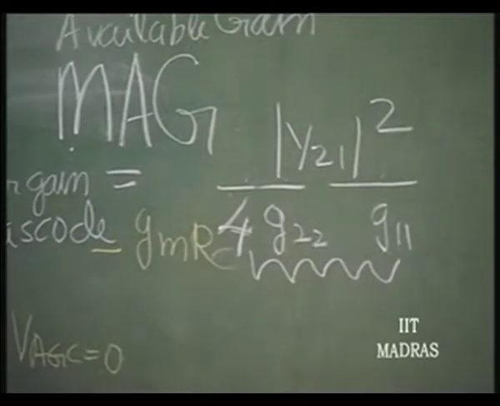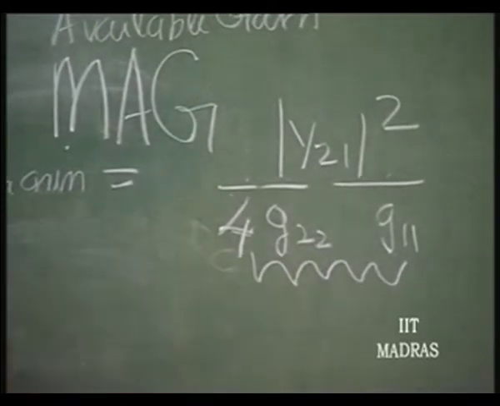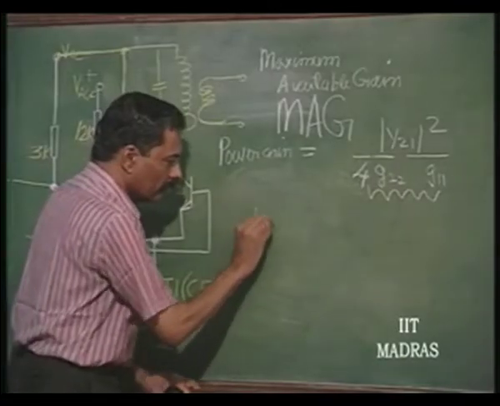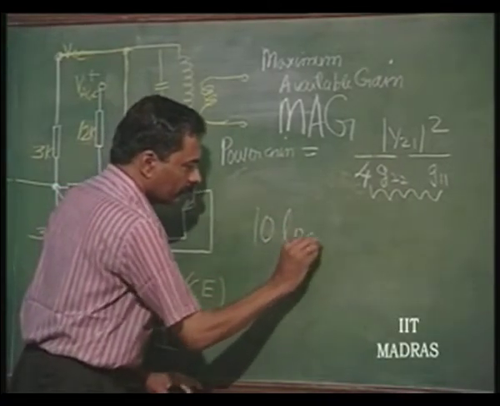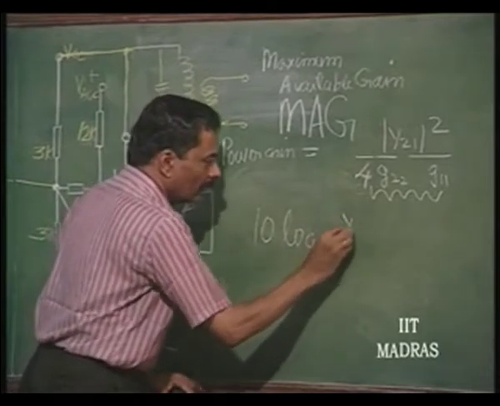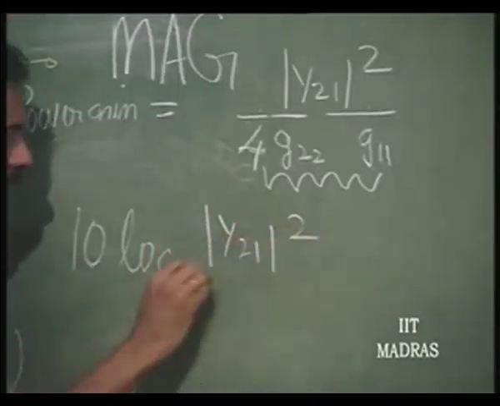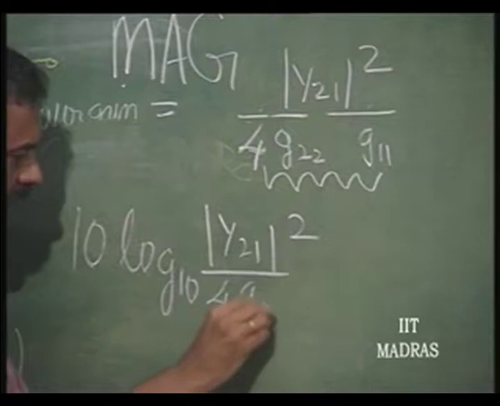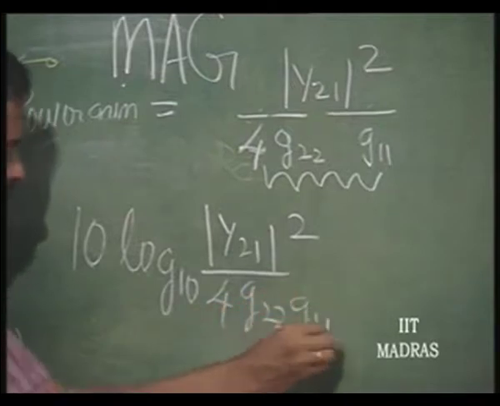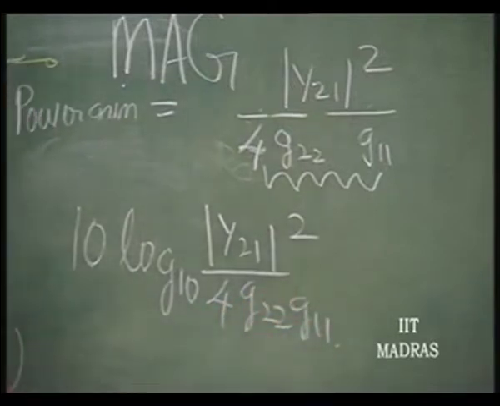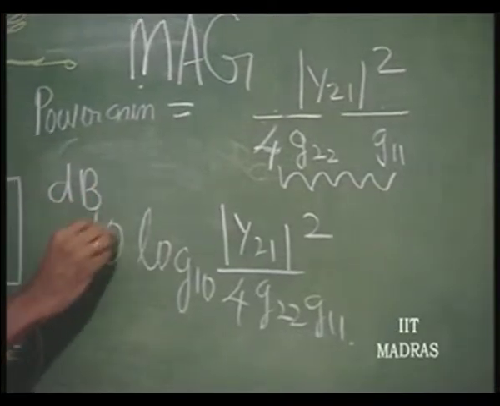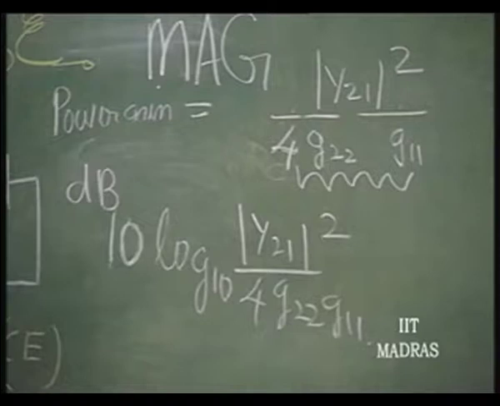This is normally expressed as 10 log of y21 squared by 4 G22 G11. Right. Power gain, being power gain, is in terms of decibels.